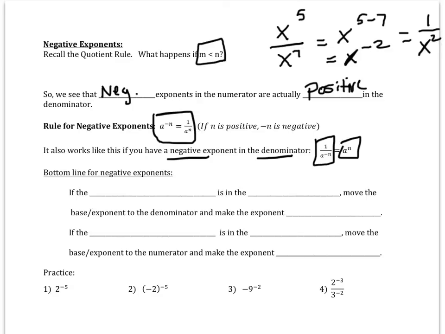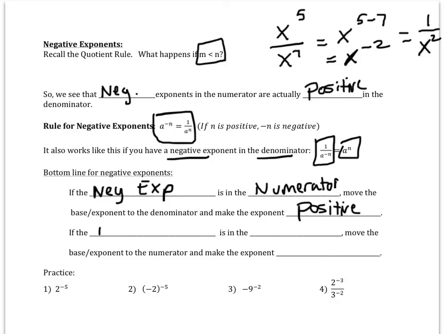Okay, what this means is we have a rule, kind of a shortcut. If the negative exponent is in the numerator, or on top, move the exponent and base to the denominator and make the exponent positive.